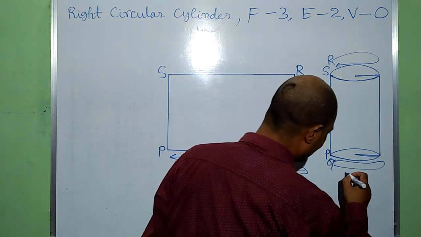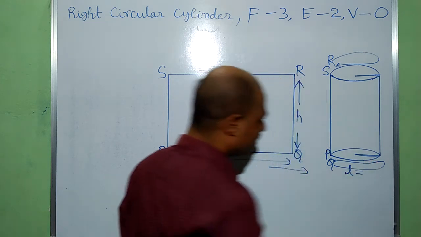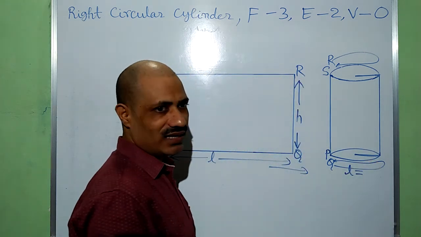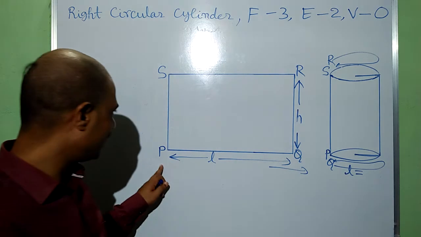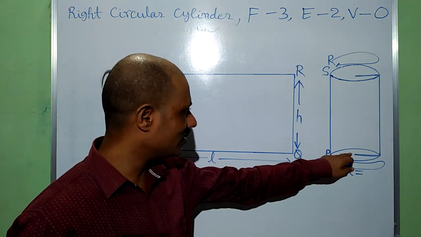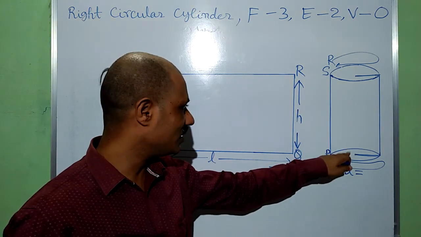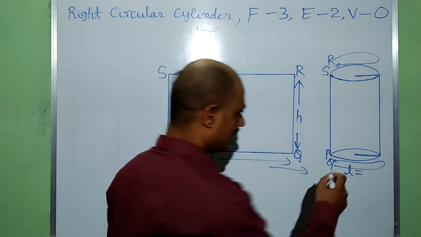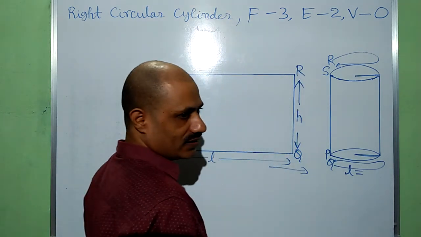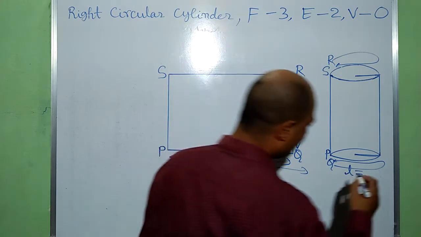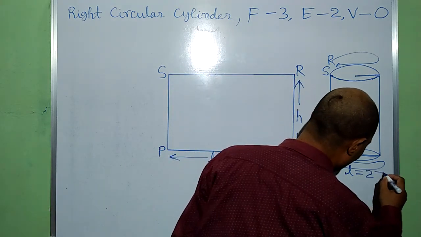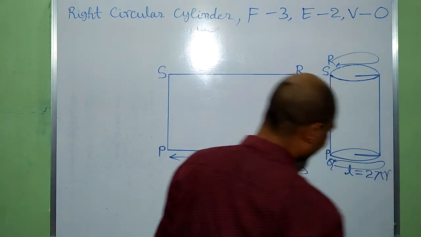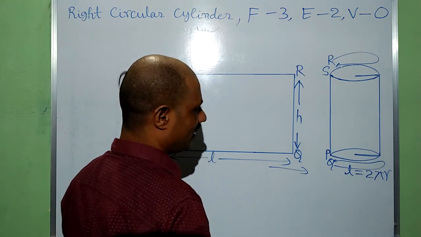So this L is equal to here circular base, that is its circumference. This length is changed into circumference of this circular base. So as we know, circumference of a circle is 2 pi r. So L is 2 pi r here.